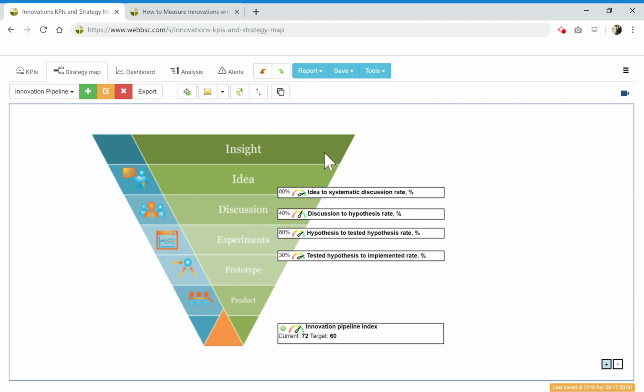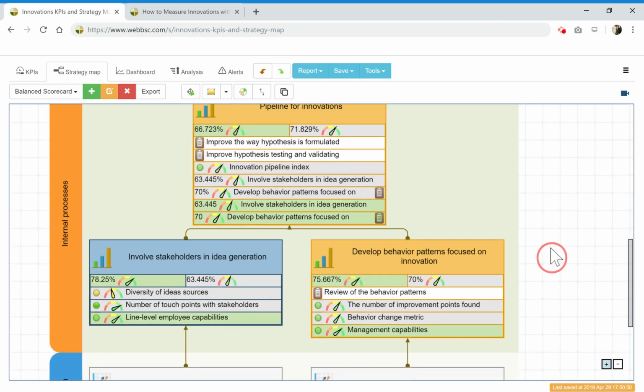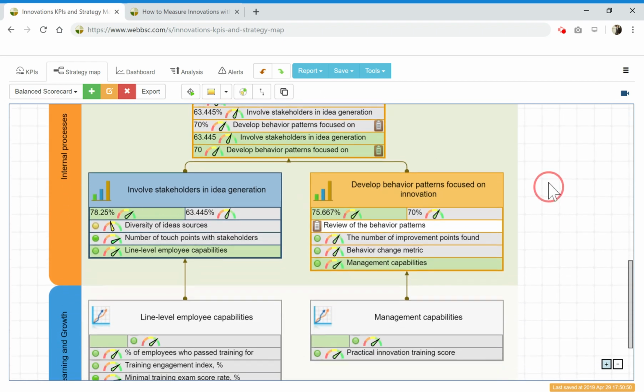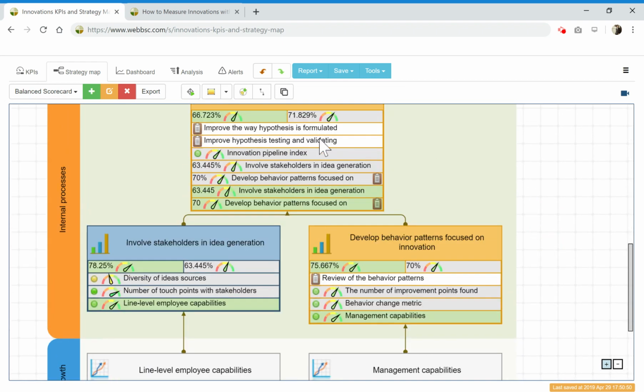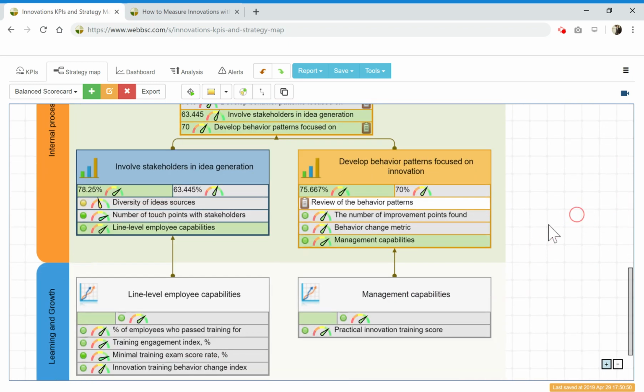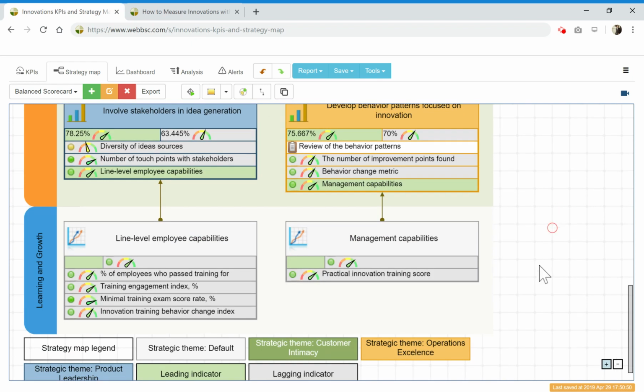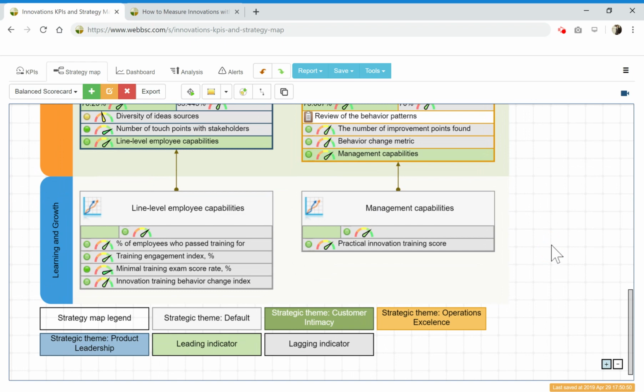And another typical metric is to track the time that you need to move from one stage to another. Okay, so that's internal perspective. Some ideas here: conversions, time, diversity of ideas, touch points, metrics related to the change that you plan to introduce in your organization internally.